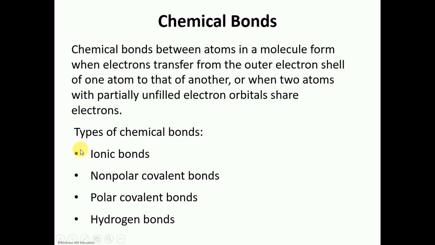So the first one we'll talk about would be the ionic bond. Then we'll go on to talk about nonpolar versus polar covalent bond. And then the last to talk about are hydrogen bonds. Covalent bonds are one of the strongest bonds in the body, while hydrogen bonds tend to be the weakest bonds in the body, although they're very important, and we'll see their importance when we get there.